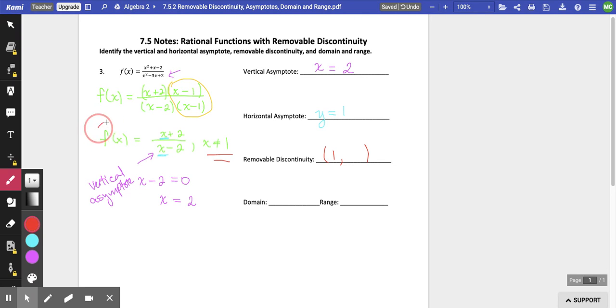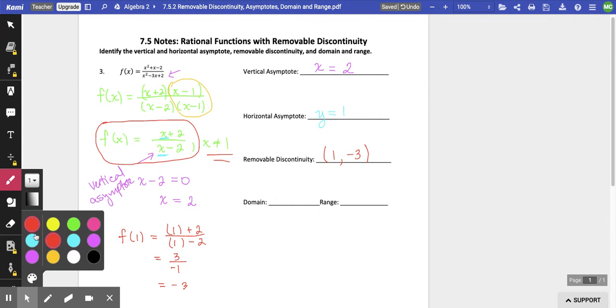So to do that, I'm going to use this reduced version of the function, and I'm going to put in 1 in place of the x's. And then simplify. So on the top, 1 plus 2 is 3. On the bottom, 1 minus 2 is negative 1. And then 3 divided by negative 1 is just negative 3. So my y value there is negative 3.